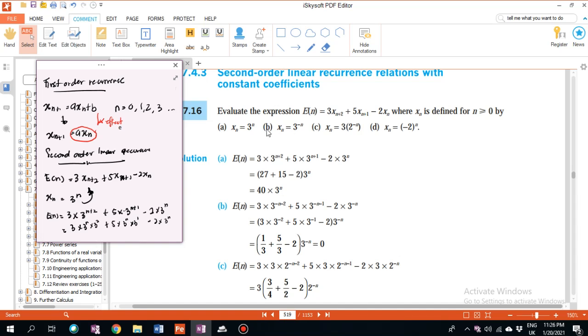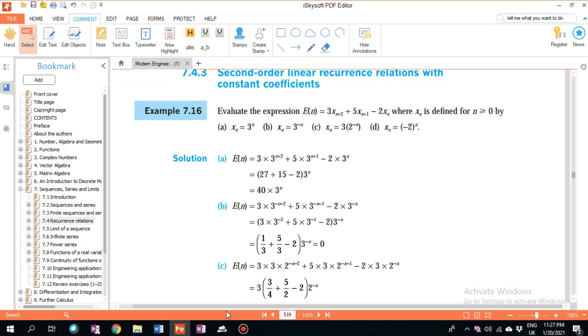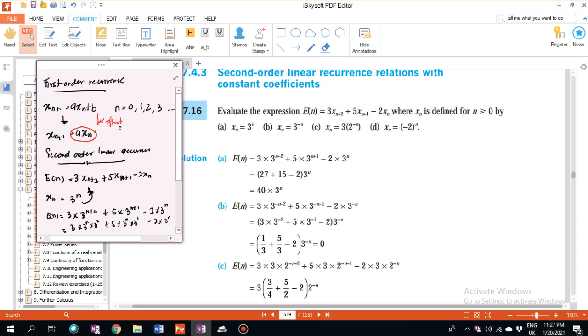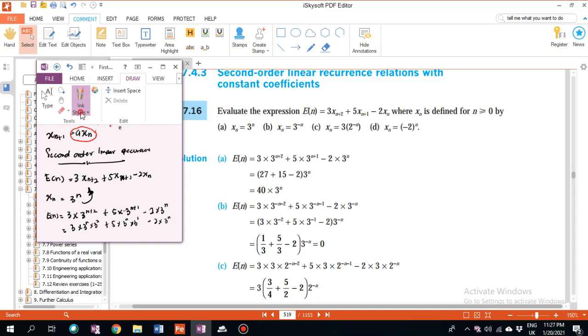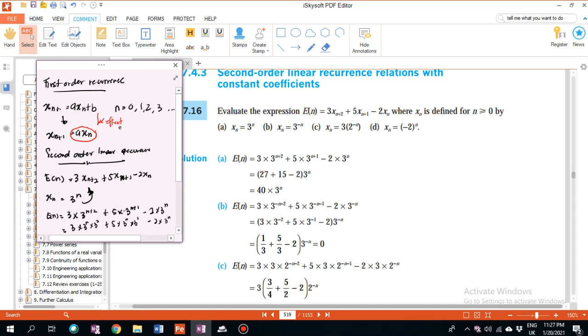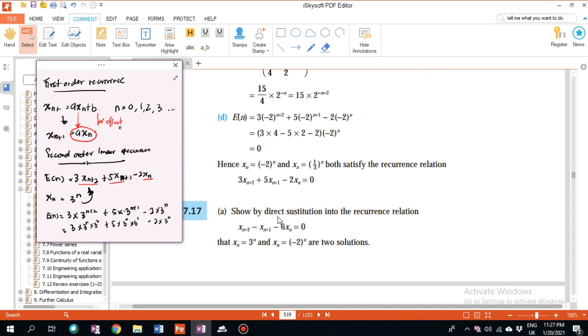So the second order recurrence means that it's not affected on the first order only, it's also affected on the rest of the recurrence. The first one is only affected on a x_n, so there is no b_n, but the second order recurrence is affected on the first one, the second, the third, and the rest. You can see here, you just put in 3^n, and automatically you will get the answer.